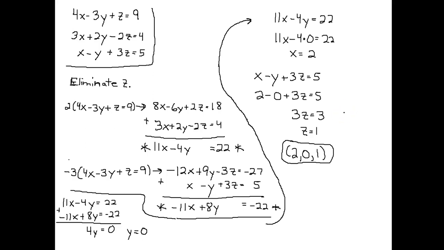So out there in space, where x is 2, y is 0, and z is 1, there's the place of intersection. If you want to check, you just plug right into the original equations, make sure it works in all of them. Okay, it looks like it works in the first one.